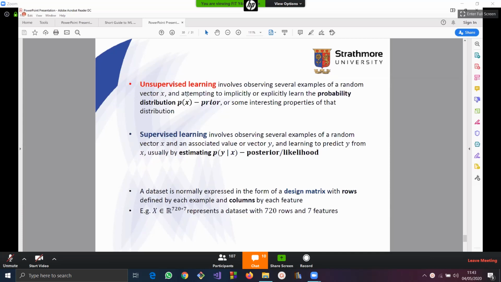In unsupervised learning, you're trying to learn the probability of x, a distribution that describes x. And we talked about how the data set is going to be represented in form of a design matrix, like this. The rows are the examples and the features are also called the columns.